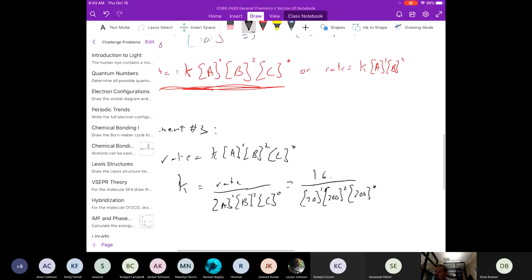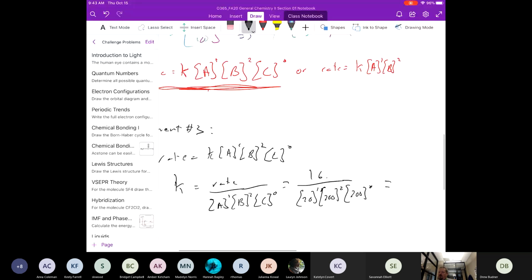And we do that math, we end up with a number. So do that math, and what number do we get?